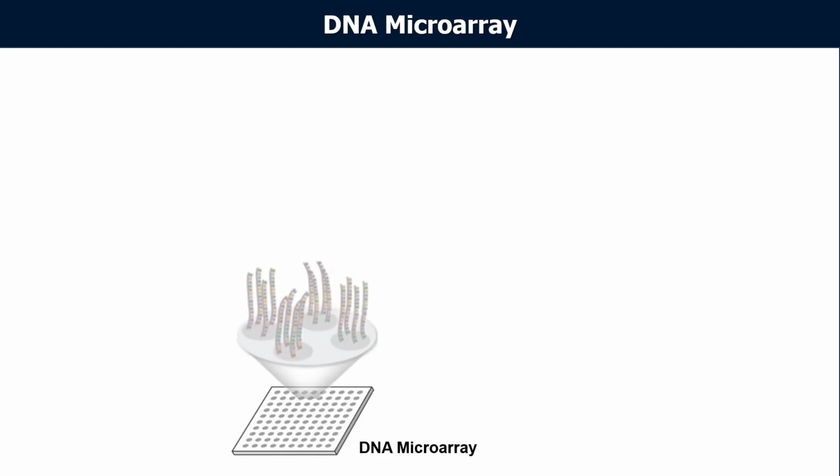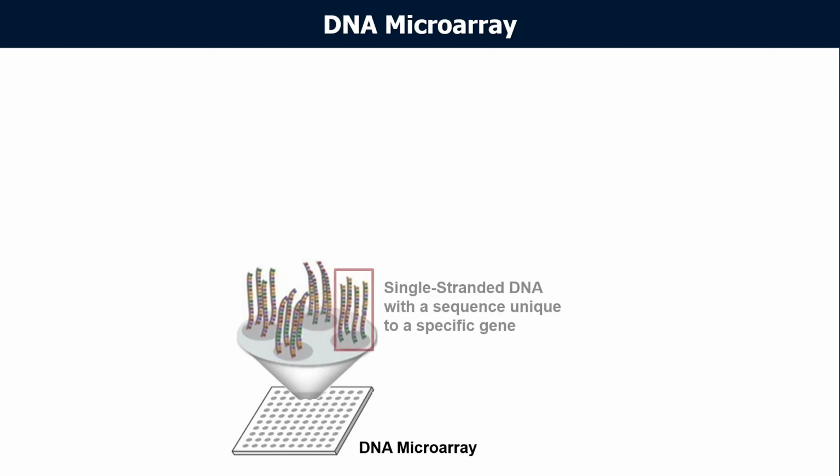A spot, if we enlarge it here, is a place where we have attached a bunch of single-stranded pieces of DNA. And they are single-stranded DNA sequences that are unique to a specific gene. In other words, those four strands you see poking up there, they're all the same. All four of them are identical to each other. And they are a little stretch of nucleotide sequence that is unique to a specific gene.